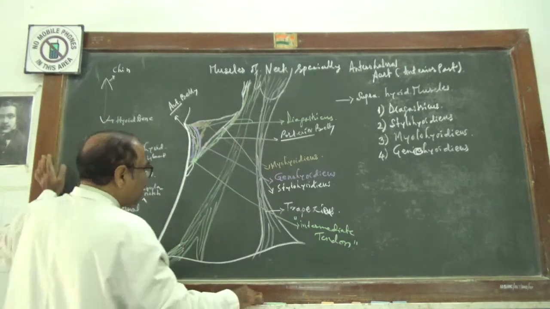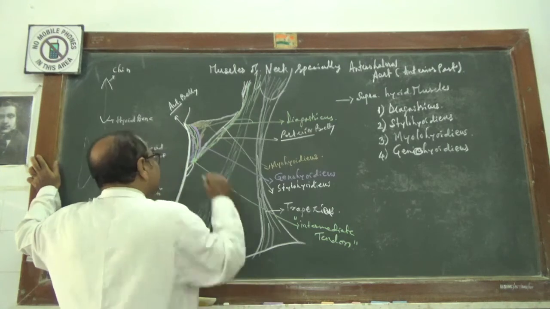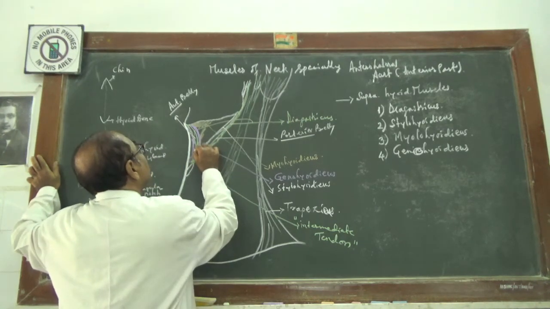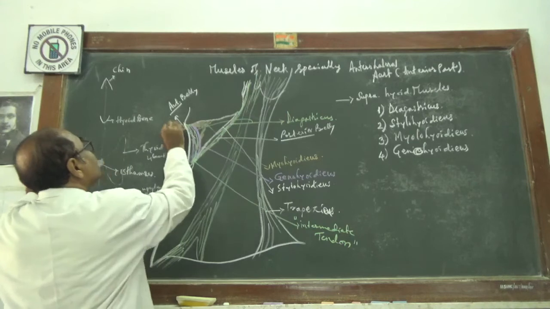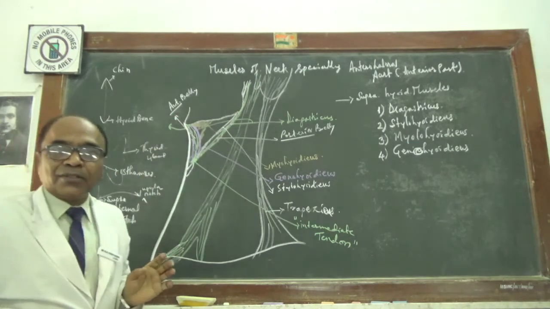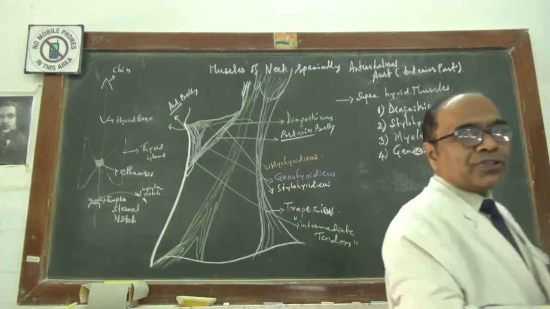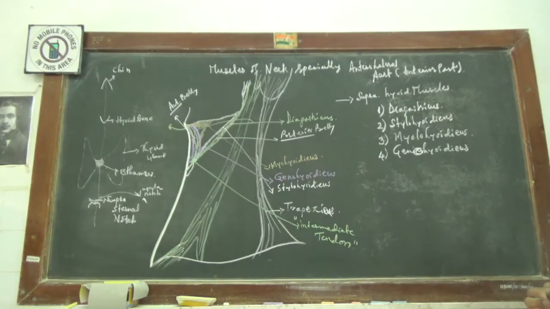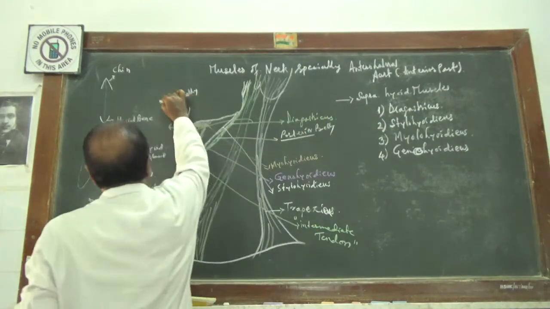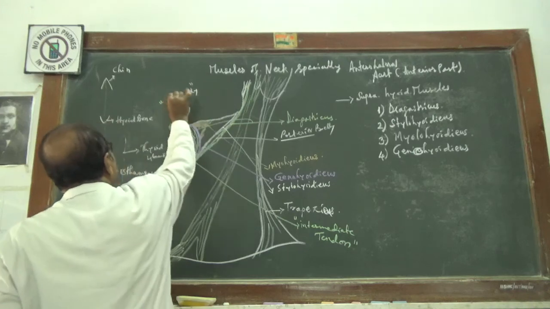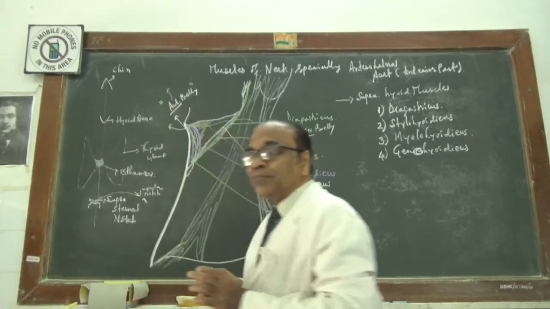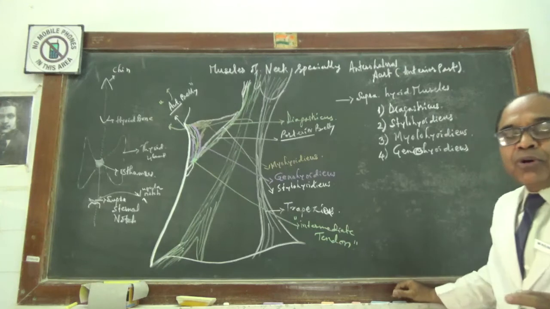And then once again it becomes bulged and gets inserted on the posterior portion, just below the genial tubercle, on the internal aspect of the mandibular symphysis, after forming the anterior belly. So the anterior belly will be there at the point of insertion.